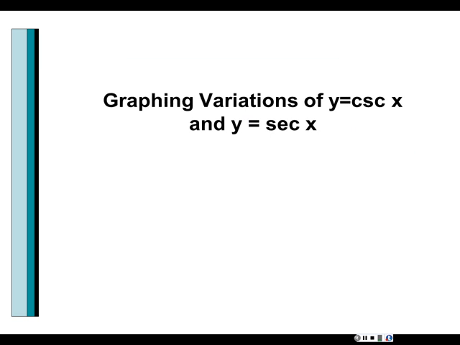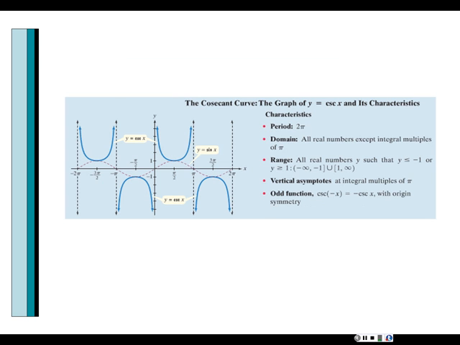Alright, so here you see the cosec and sec curve. The interesting thing is cosec and sec curves can be derived from the sine and cosine. Look here, the blue ones are the cosec curves. And do you see the red dotted line here?